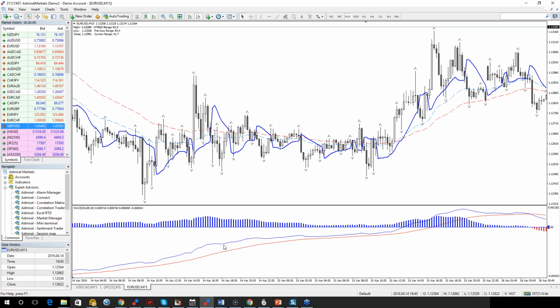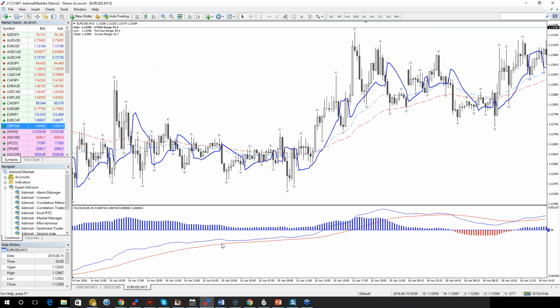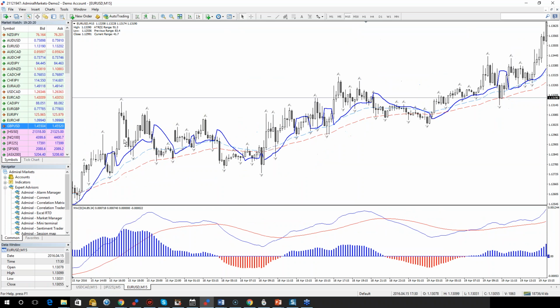It's blue and blue is above red and it's going up. See? So be careful about short trades. Yes, you could have made some pips with short trades, but you need to be very careful because when you see this, the trend should change from red to blue. And it actually happened here.